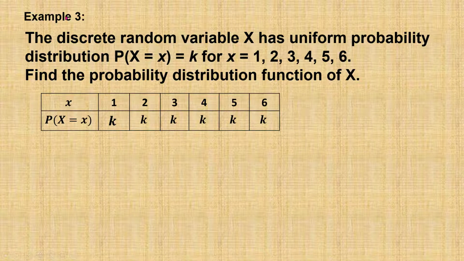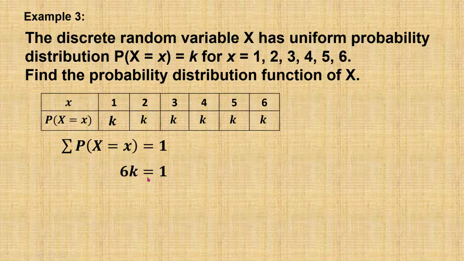We know this is a discrete random variable, so the sum of all the probabilities should be equal to 1. When we sum all the probabilities, it is equal to 6k. Therefore k is equal to 1 over 6.